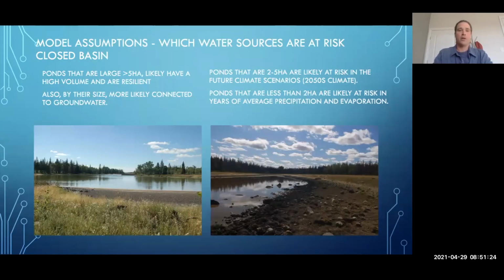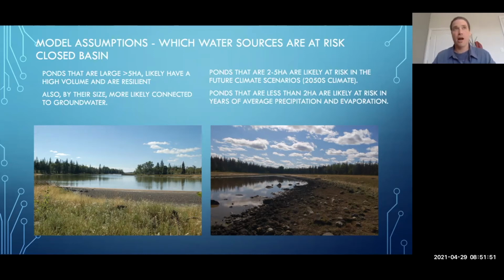So the summary of the assumptions: which water sources are at risk? Ponds greater than 5 hectares likely have a higher volume and are resilient, and by their size, they're more likely connected to the groundwater. The ponds that are 2 to 5 hectares are likely at risk in future climate scenarios, whereas ponds that are less than 2 hectares are probably always at risk to evaporation, and to the general evaporation that's used throughout the season.